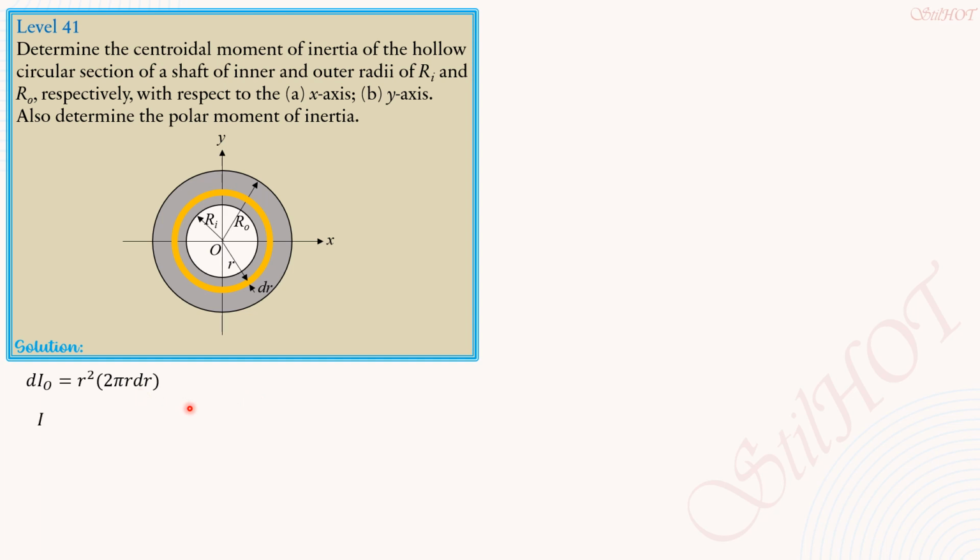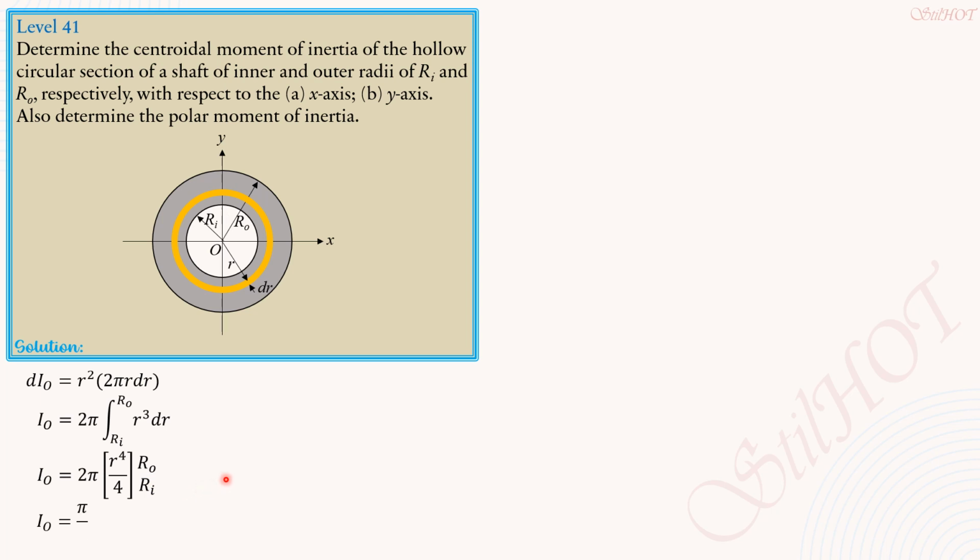So I sub O is 2 pi integral of r cubed dr from inner radius capital R sub I to outer radius capital R sub O. So the integral of r cubed dr is r to the fourth over 4. So I sub O is 2 pi quantity r to the fourth over 4 from R sub I to R sub O. So if we simplify this, it is simply pi over 2 quantity R sub O to the fourth minus R sub I to the fourth.